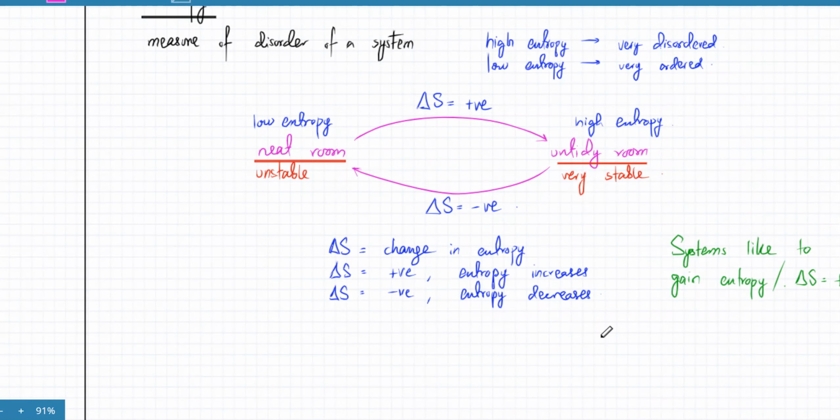So when they go and look for signs of life on another planet, what they're actually looking for is delta S negative. Wherever delta S is negative, that means there is life, because there's some intelligent species there that is trying to do the opposite. And as soon as life is gone, delta S positive kicks in.